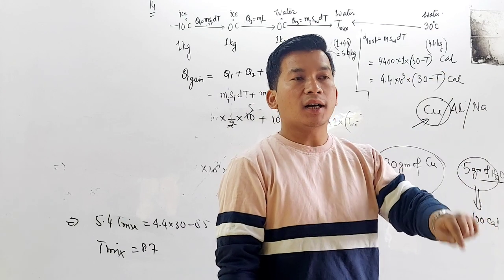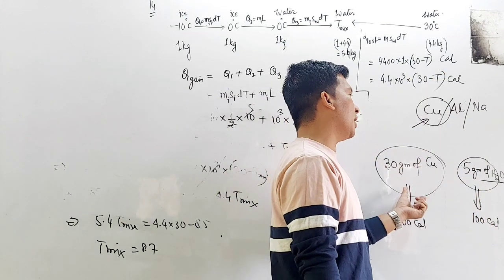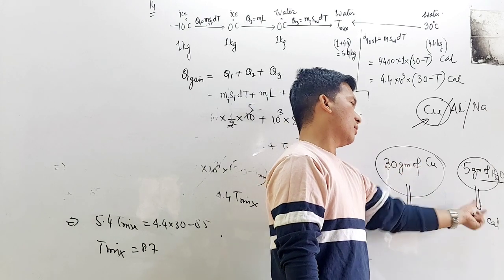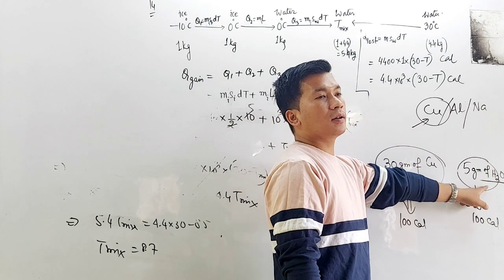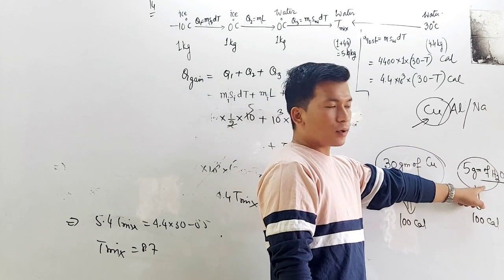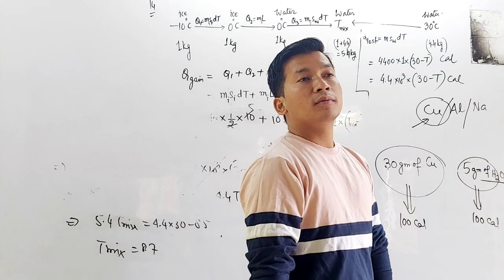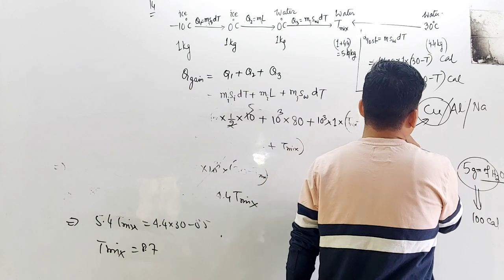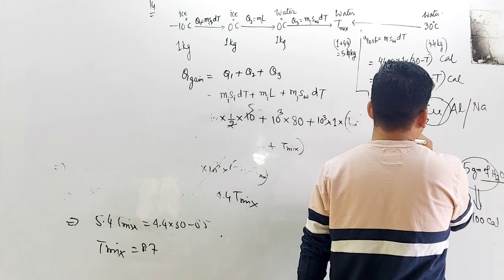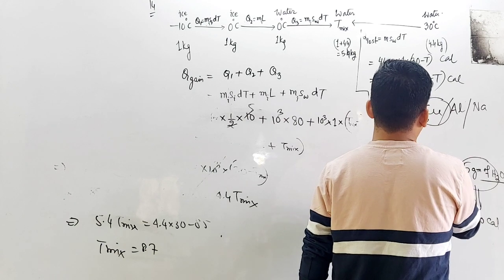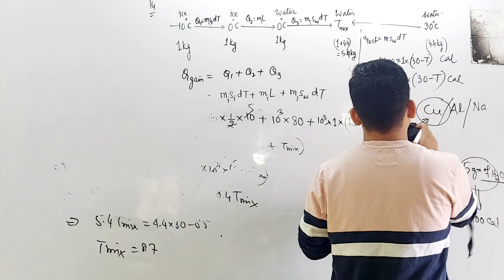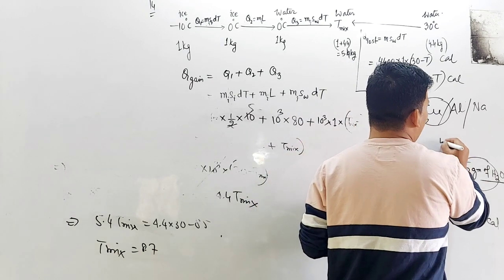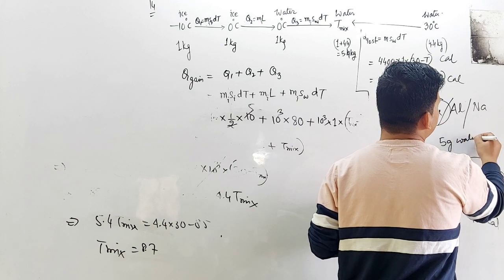So we can simply calculate the amount of heat present inside your copper from our water, because we know the standard value for water. Therefore we will be using 5 gram water equivalent.